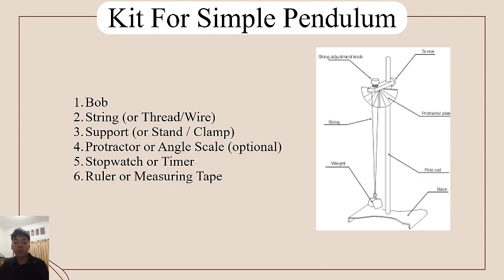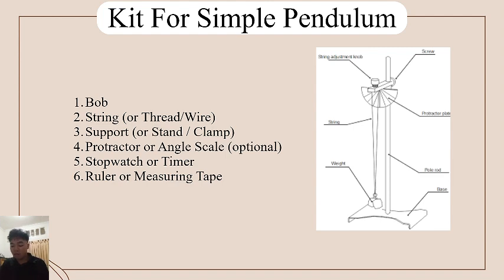Number 4 is the protractor or angle scale. That is used to measure the angle of displacement of the pendulum from its equilibrium position, to help ensure the oscillations are small, maintaining simple harmonic motion.